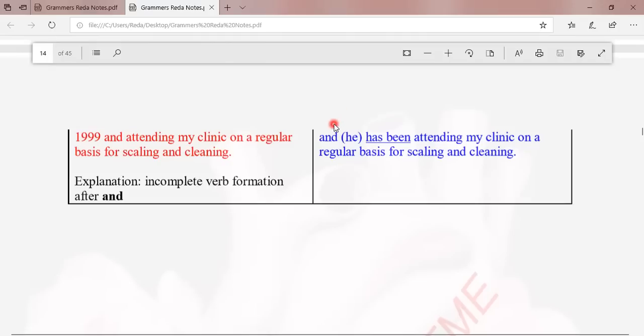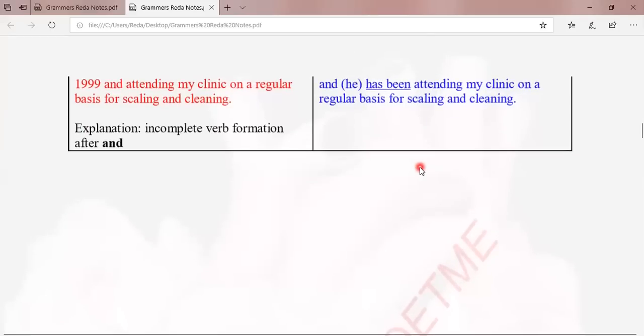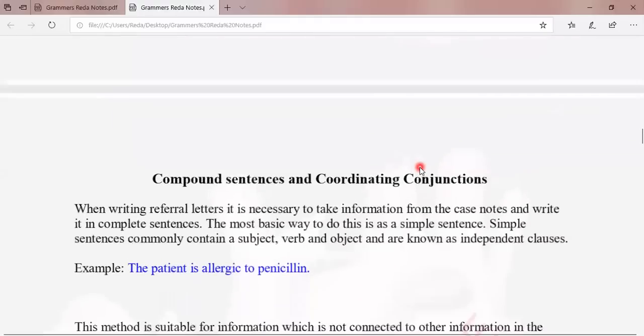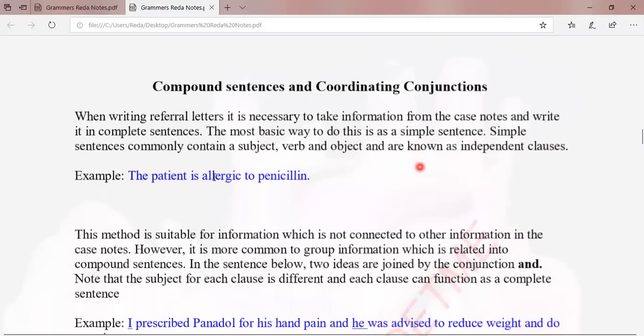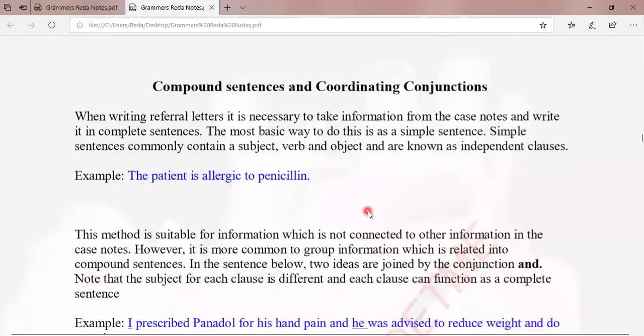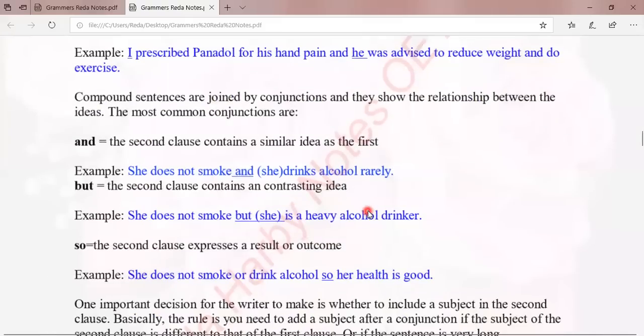So present perfect continuous on a regular basis for scaling and cleaning. Okay, so you have to be oriented before you write. For me to correct for you: she is allergic to, the patient is allergic. This is called compound sentences. Also coordinating, it is the same as before, okay?